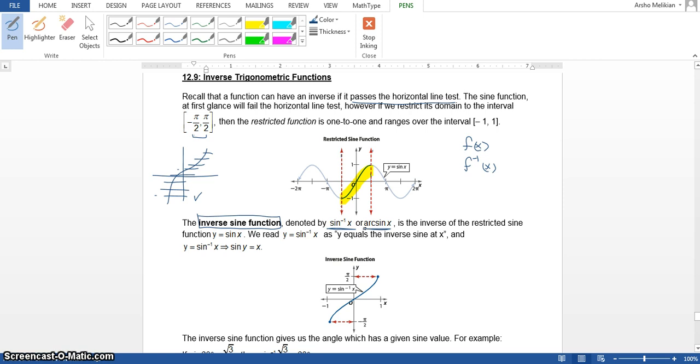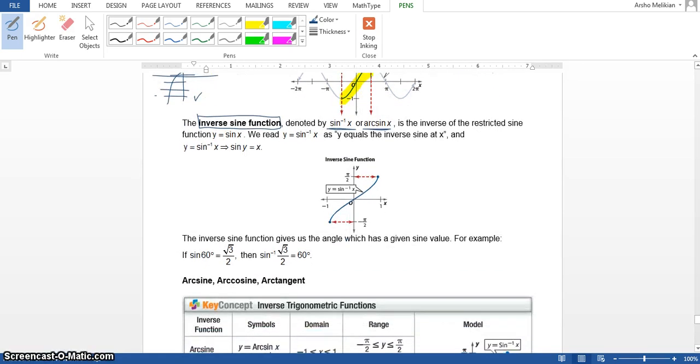These two mean the exact same thing. So the inverse sine of x, or the arc sine of x, is the inverse of the sine function. Now, what does it mean? The way we read it is y equals the inverse sine of x.